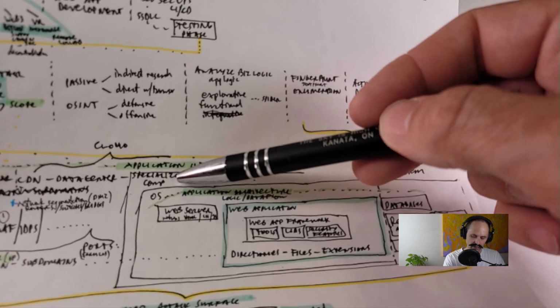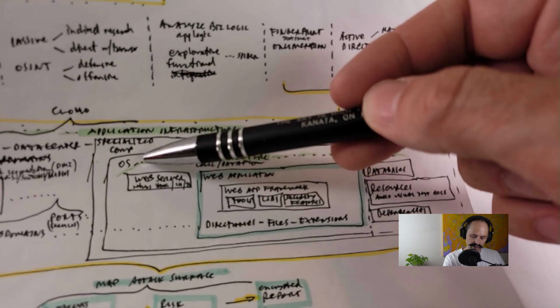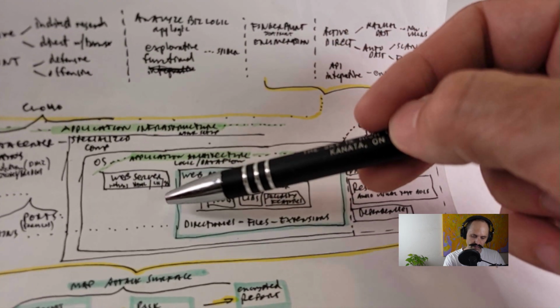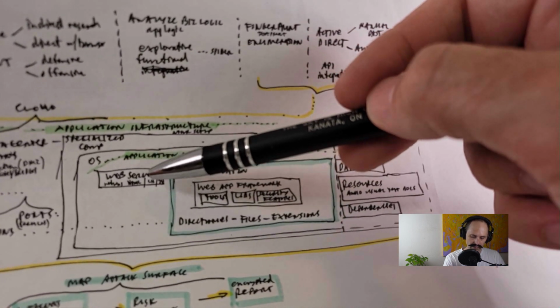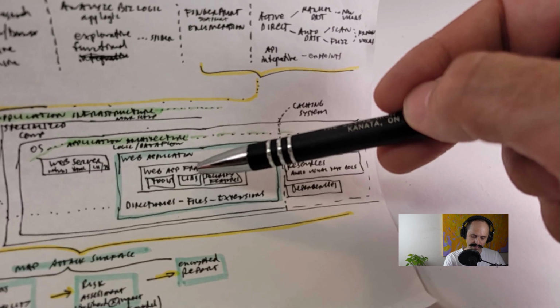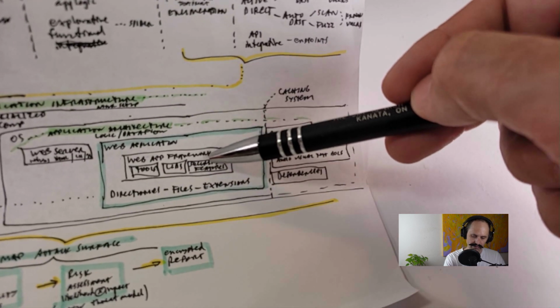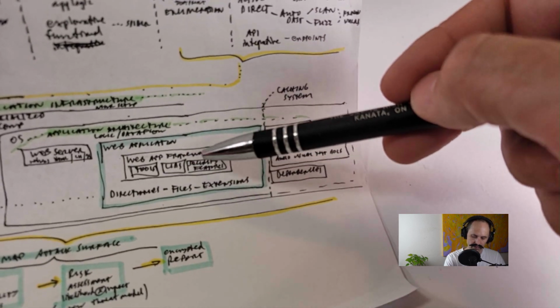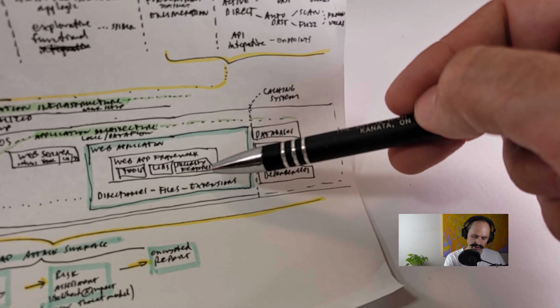So we'll have a specialized computer on which there's an operating system with a web server, which is separate from the web application, and the web application contains the web application framework with the tools, libraries, and security features, for example.